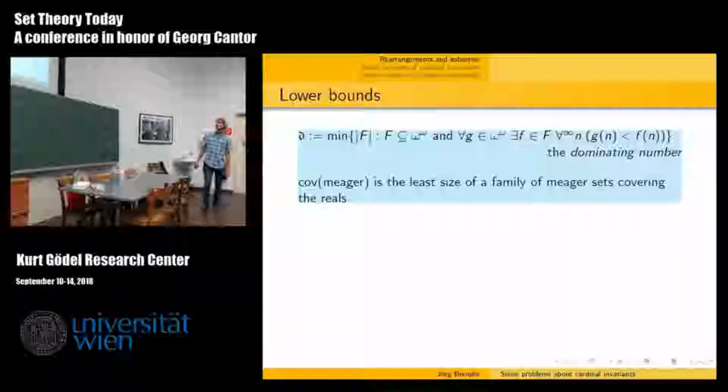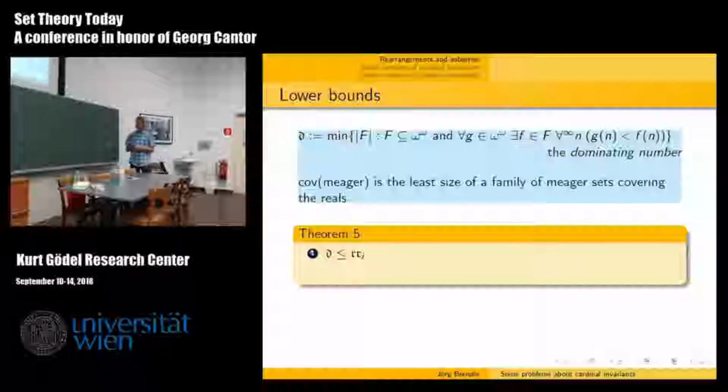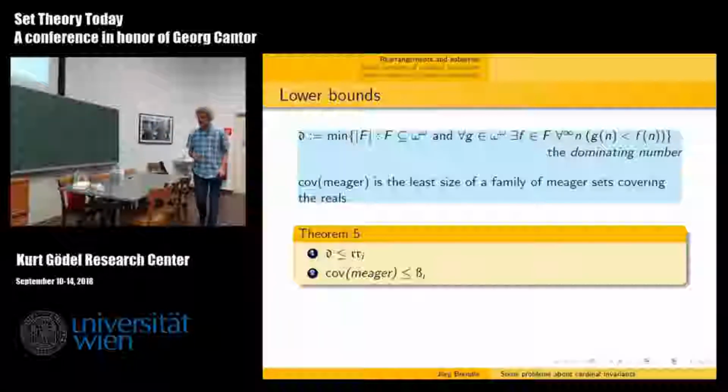And covering meagre is the least size of a family of meagre sets covering the reals. That, of course, has a similar definition to covering null, which I defined before. And now we can see that D is less than or equal to double Ri, and also covering meagre is less than or equal to double Si.